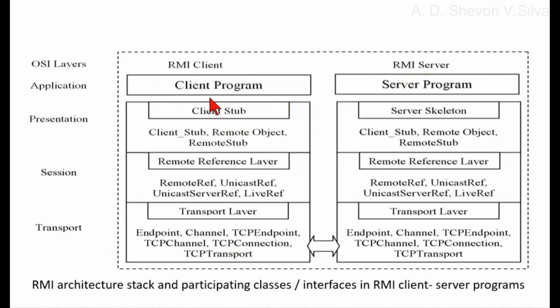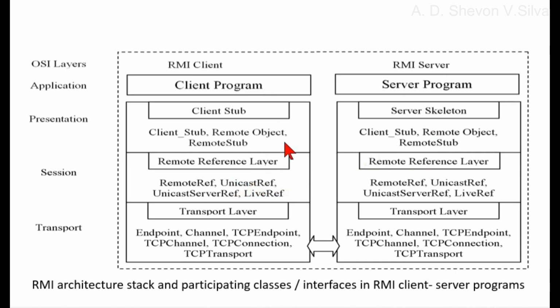Here the RMI client stub, and here the server skeleton. Client stub, remote object and remote stub are in the client stub. Here client stub, remote stub, remote object, and remote stub are in the server skeleton.